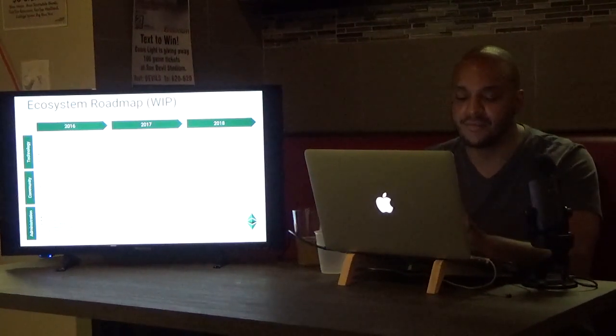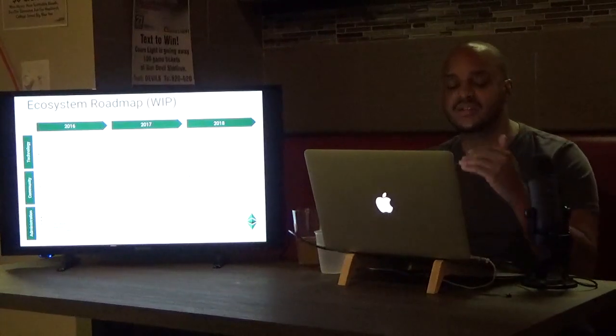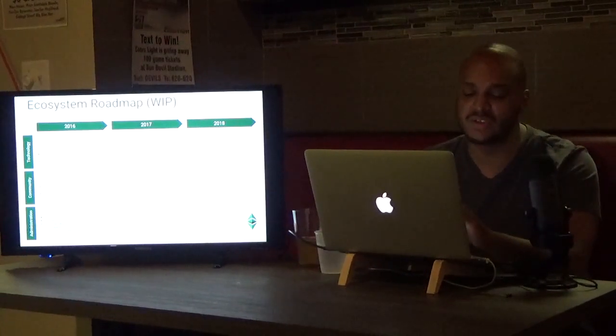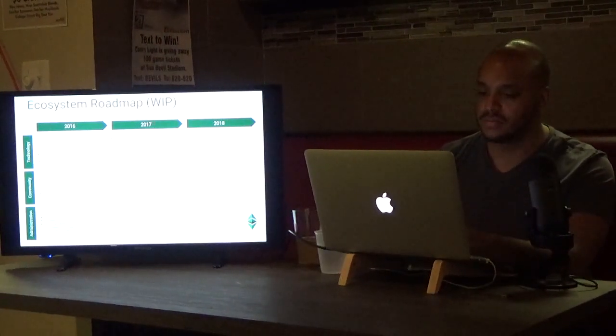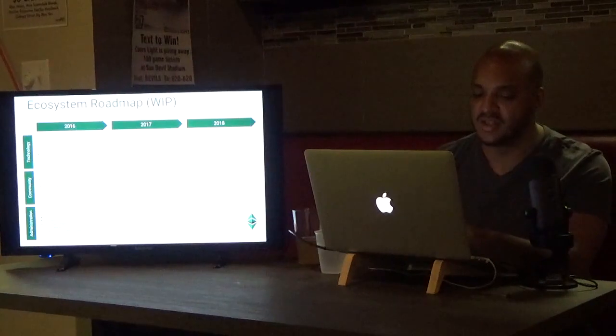We're trying to figure out how best to plan out this roadmap of what we want to do in each of these key areas: technology, community, and administration. But I can talk a little bit about that as we're going to have some more focused slides on it.